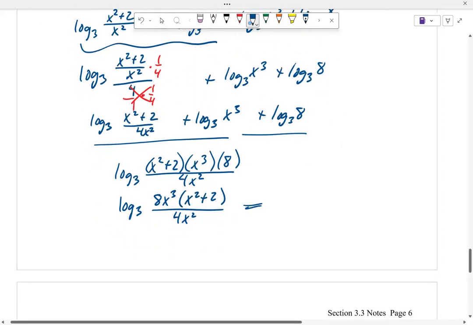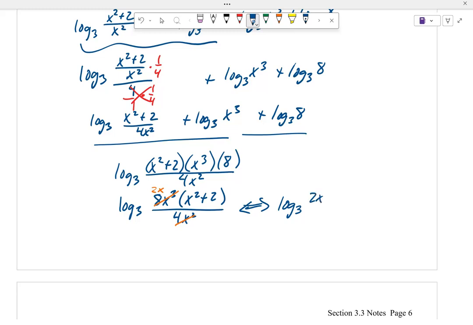Now I do want to simplify that. Notice the 8x cubed over 4x squared, that'll just leave me with a 2x. So I have log base 3 of 2x times x squared plus 2.